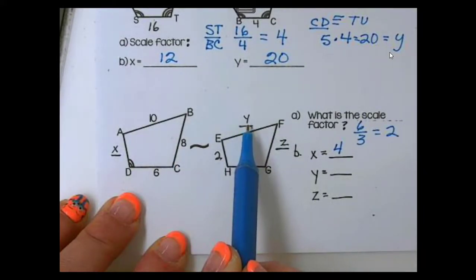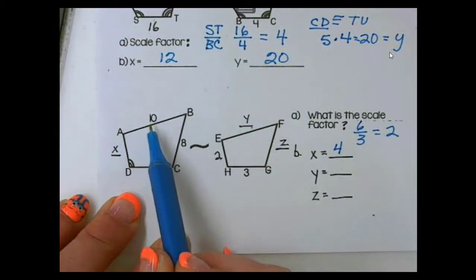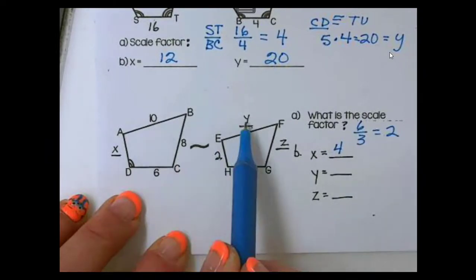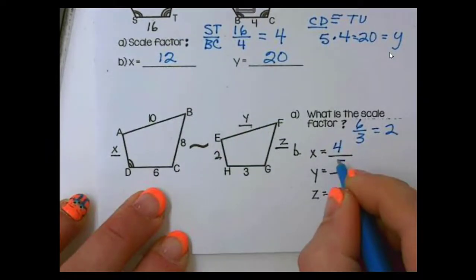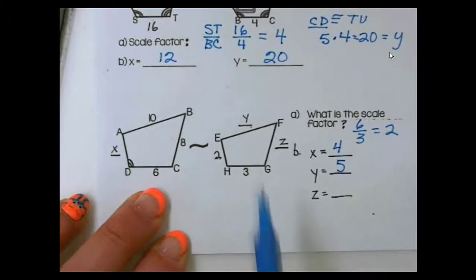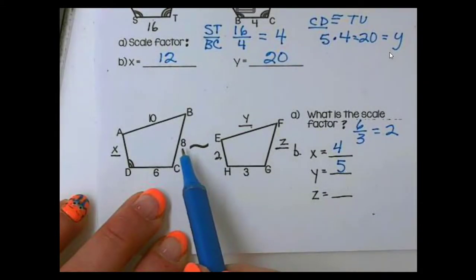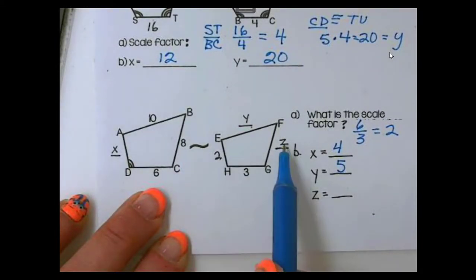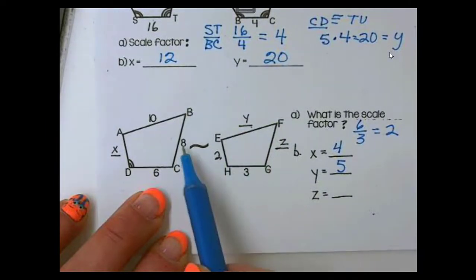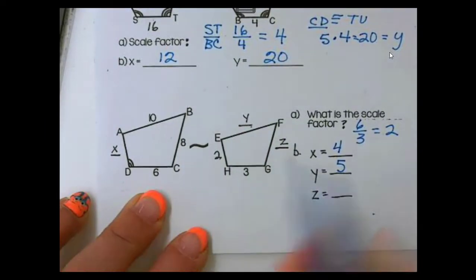And so if I think about it, well, timesing by 2, the inverse is dividing by 2. 10 divided by 2, y would have a length of 5. And then for z, I have to do that same thing. So if my scale factor is 2, what times 2 gives me 8? Or you can think of inverse operations. 8 divided by 2 would give you that z is 4.